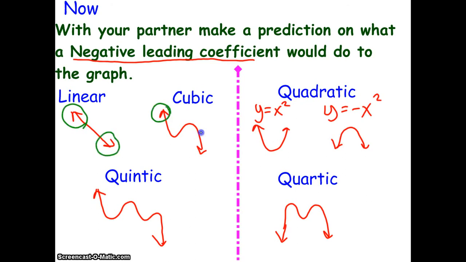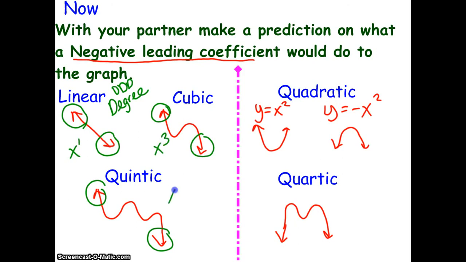Notice that all the ones on the left, the linear, cubic, quintic, they all have the same end behavior. What do you guys know about these functions? What about their degrees? They have odd degrees, x to the first, x to the third, x to the fifth.